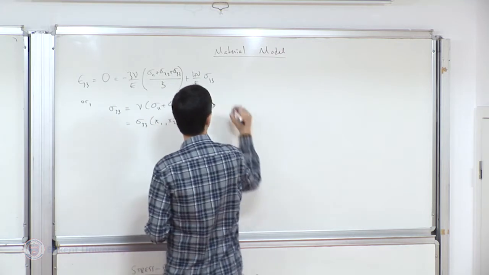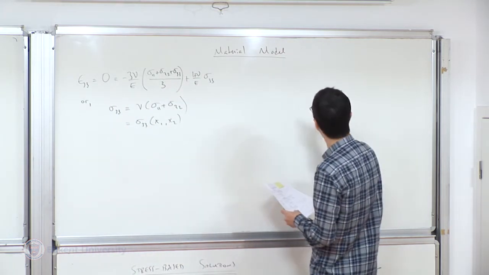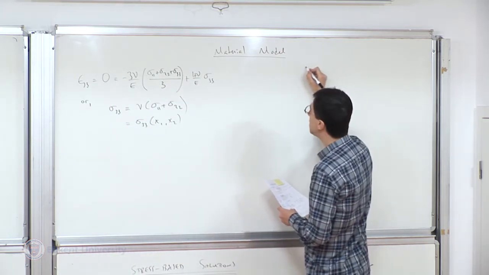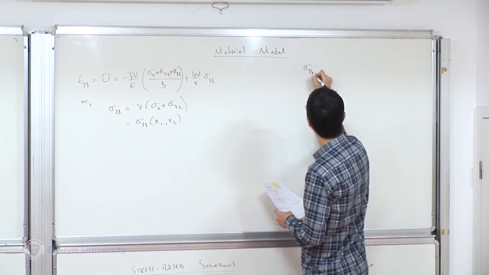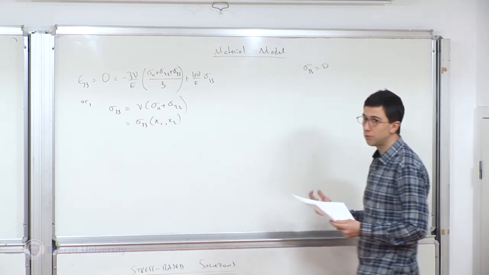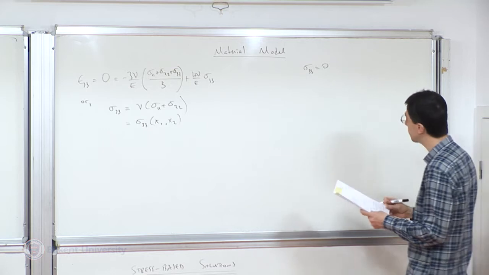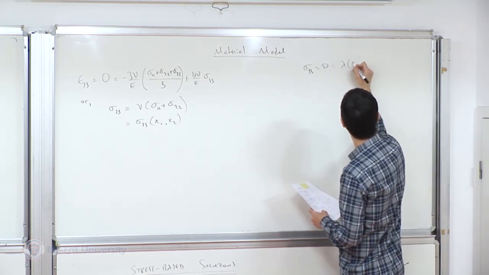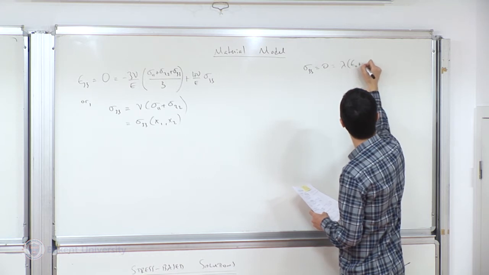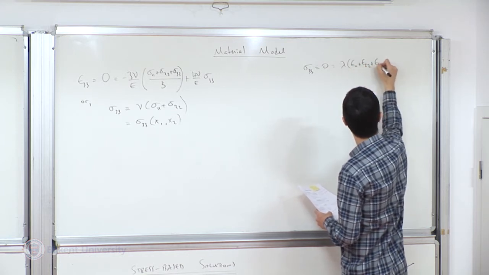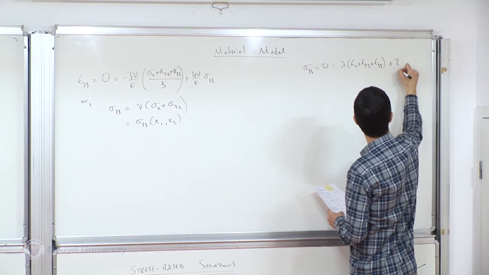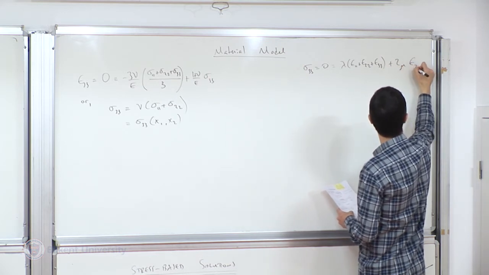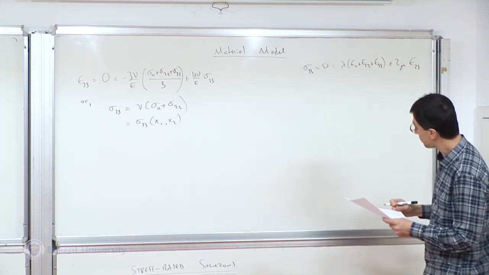Okay. So on the other hand, I can go to plane stress. In the plane stress setting, sigma 3,3 is equal to 0, but epsilon 3,3 is not necessarily equal to 0. So sigma 3,3 is equal to lambda epsilon v, the volumetric strain, which is 1,1 plus 2,2 plus 3,3, plus 2 mu epsilon 3,3.